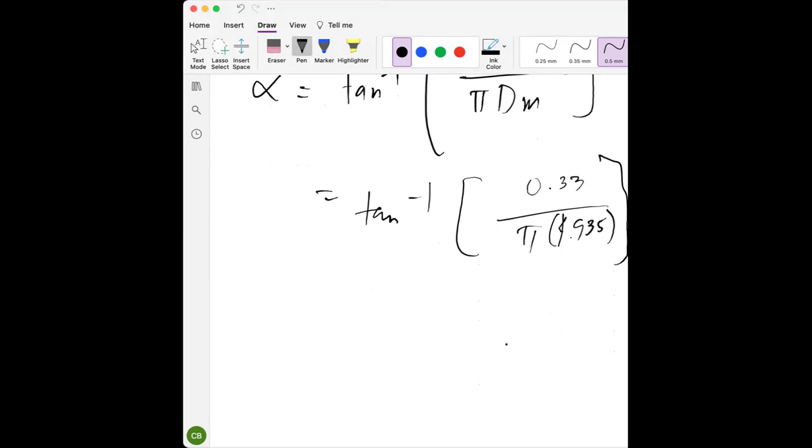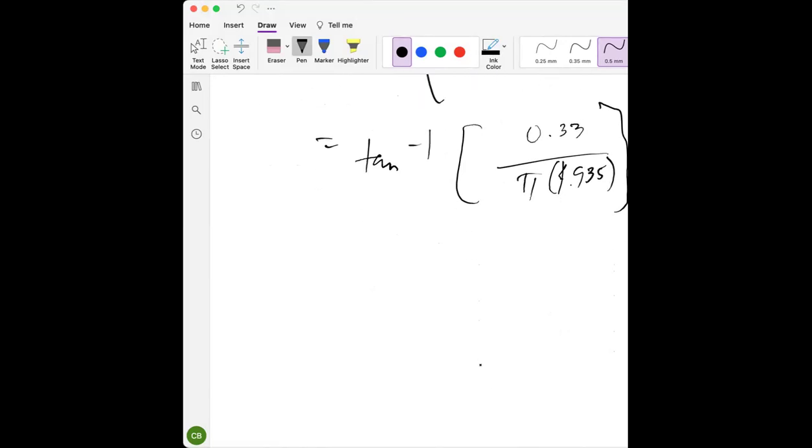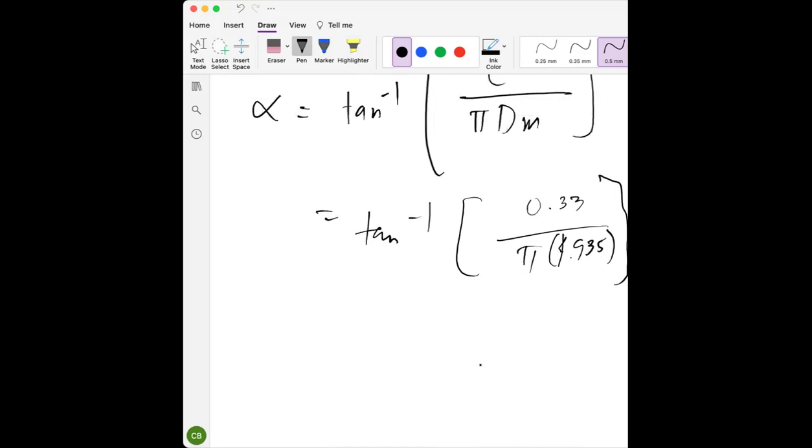So next, we have the torque required to overcome the friction in the threads.